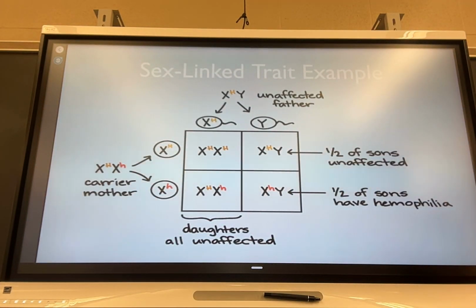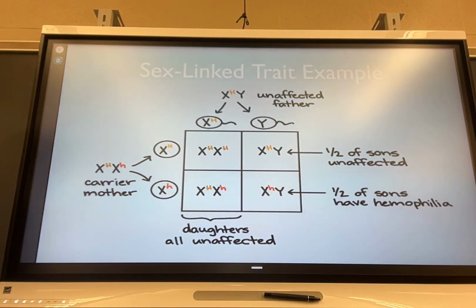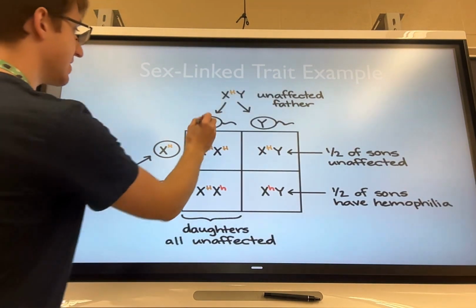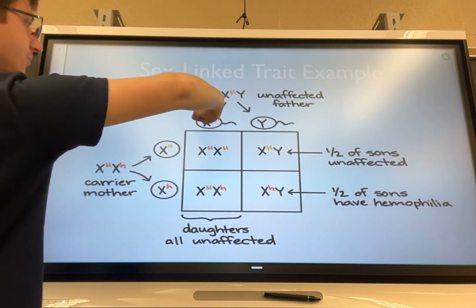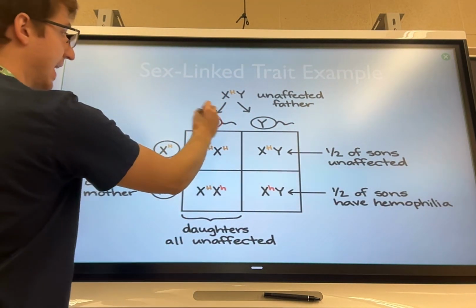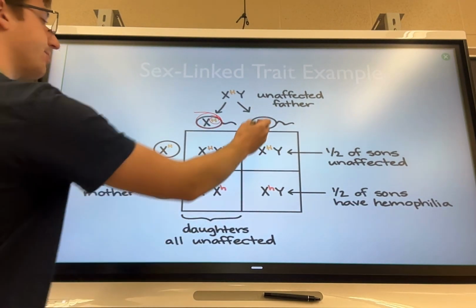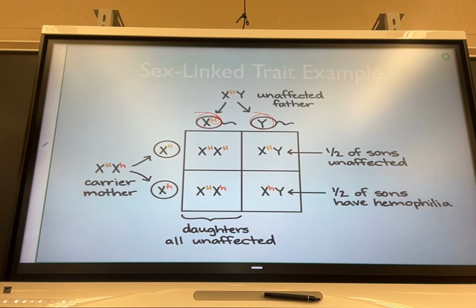When we look at sex-linked traits, we are going to do it kind of like the blood types, where we have an X and a Y with a superscript letter. You can see on this sperm, we have an X chromosome with a dominant H. We have a Y chromosome because all males carry Y chromosomes.